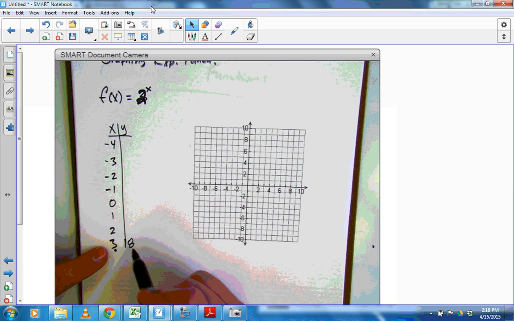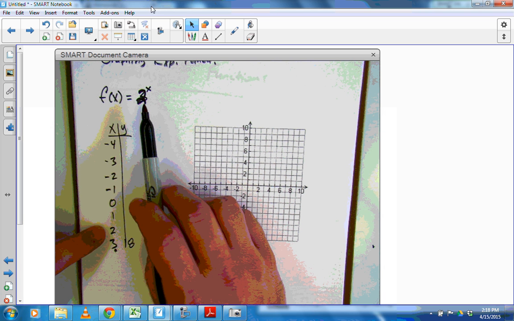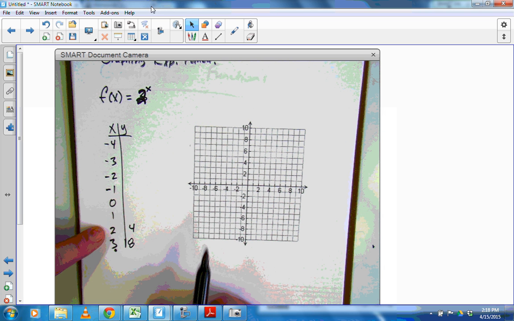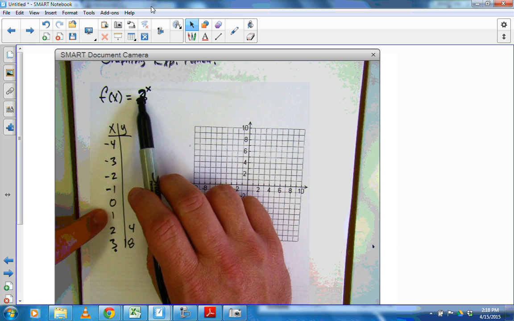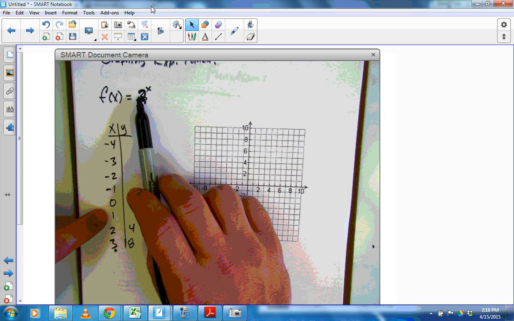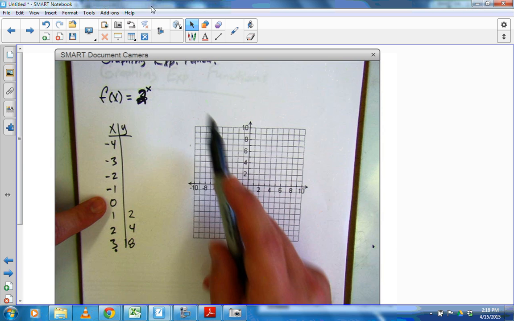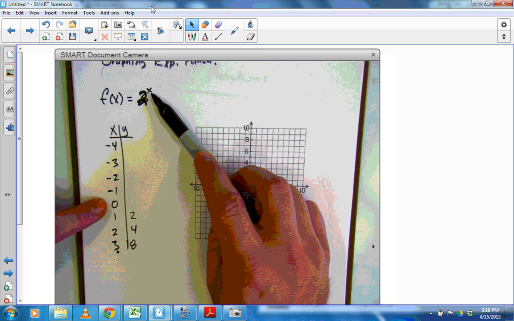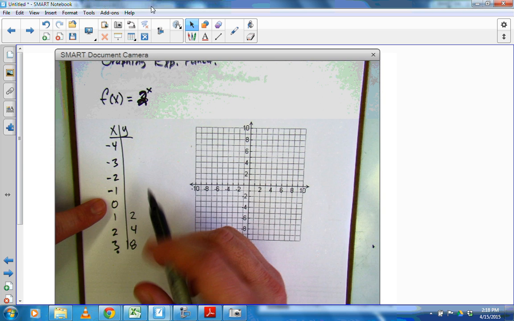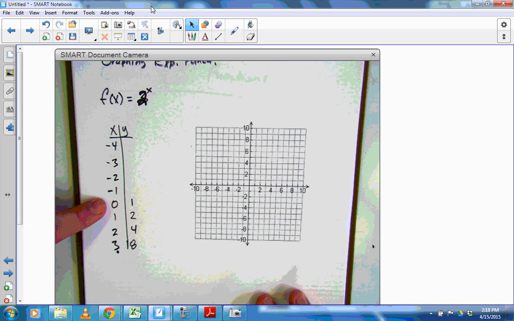And then 2 squared would be 4. 2 to the first power would be 2. Now this one's really important because it's going to be in almost every graph. 2 to the 0 power, anything to the 0 power is 1. And we're going to take advantage of that fact later.